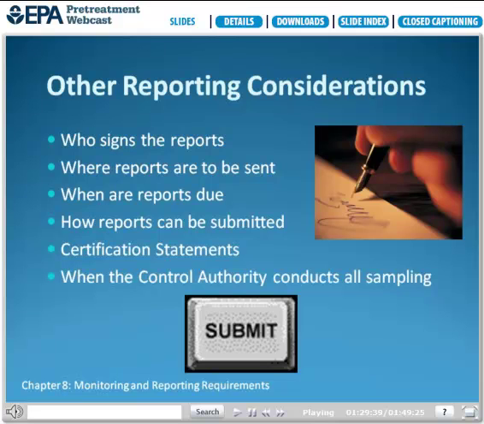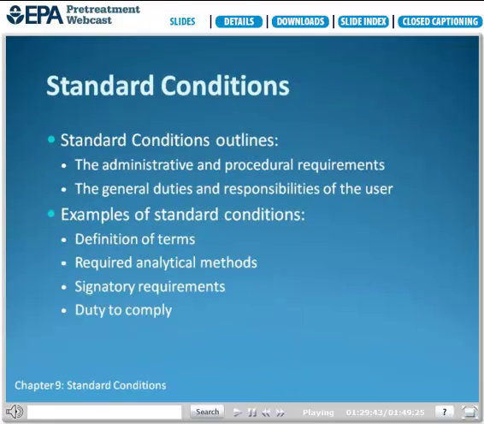Standard conditions can be included and should include the administrative and procedural things that are common to all of the industrial users. And once you develop a good boilerplate, that can be described in each of the permits.